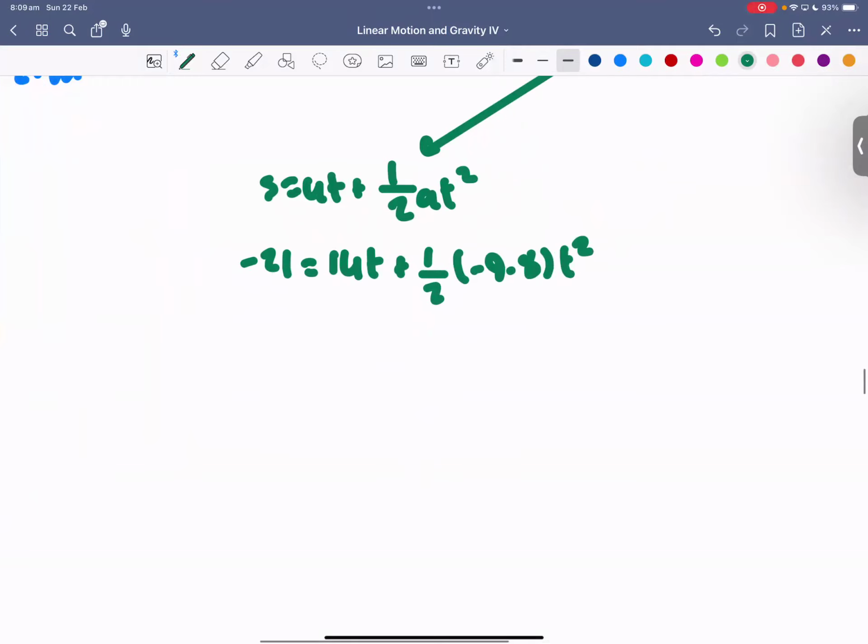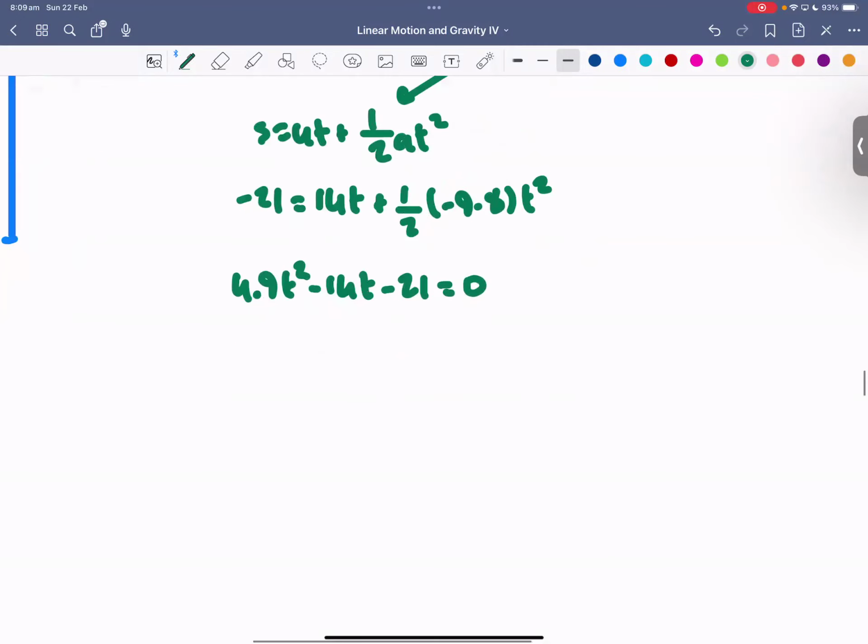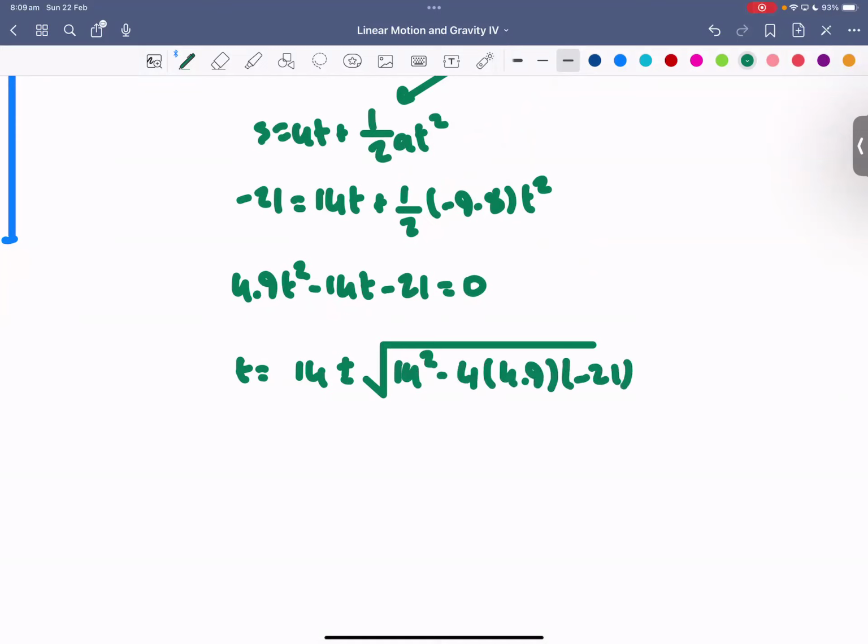That's a nasty quadratic. Bring everything to one side. 4.9 T squared, take 14T, take 21 is 0. Now use the quadratic formula. T is minus B plus or minus square root of B squared, take 4AC. What a load of not nice. Alrighty.